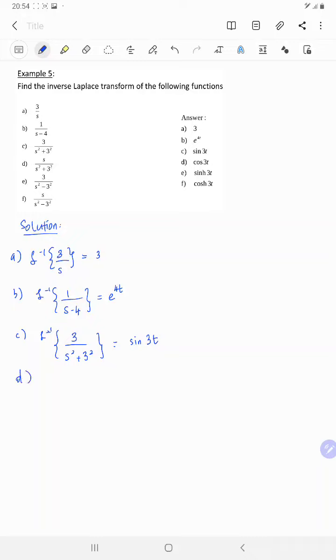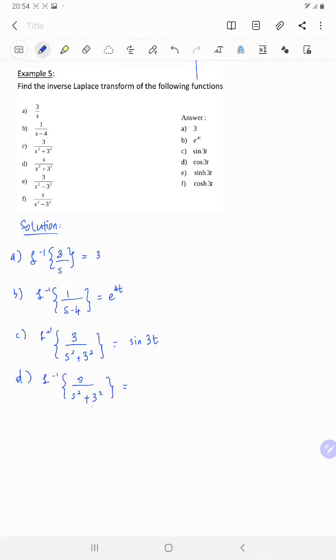Okay, if not similar, so we must modify. Later we will look at the example for the next example. Okay, next, Laplace inverse of s over s squared plus 3 squared.